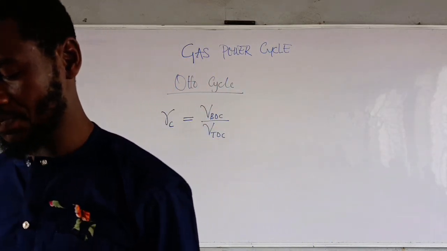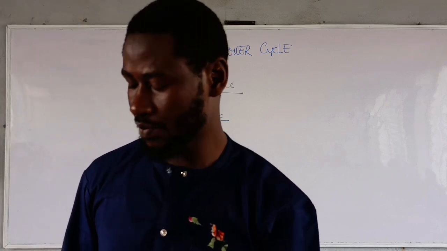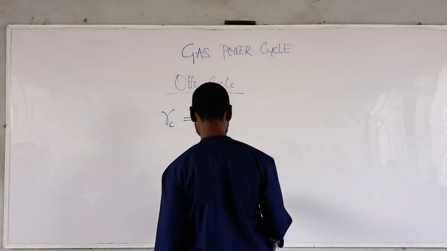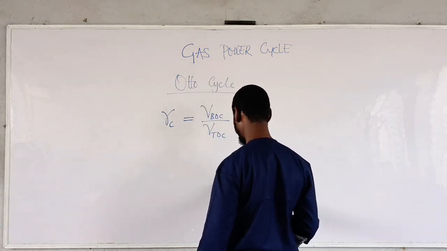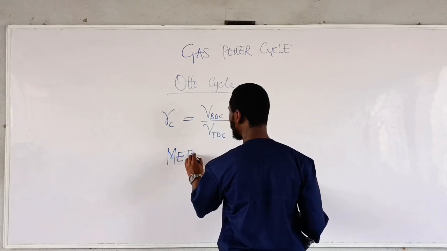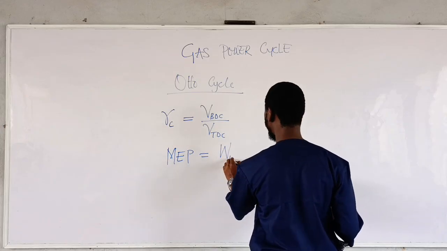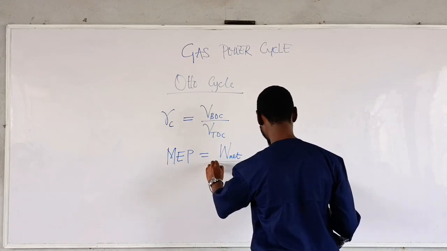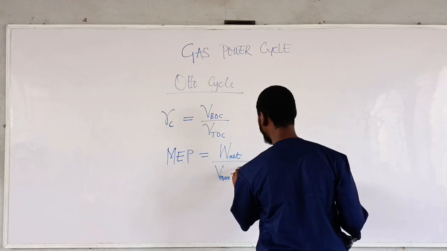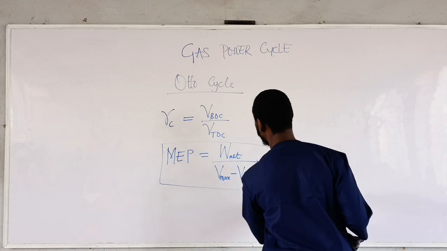Now, another term is the MEP. The MEP is referred to as mean effective pressure and is defined mathematically as the net work output divided by the maximum volume minus the minimum volume in the cylinder.